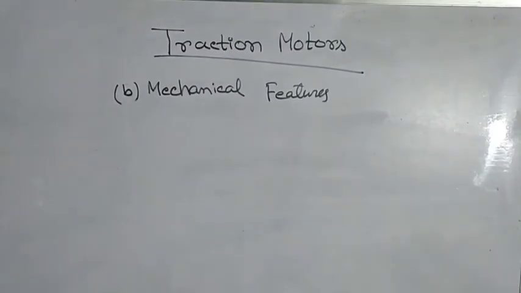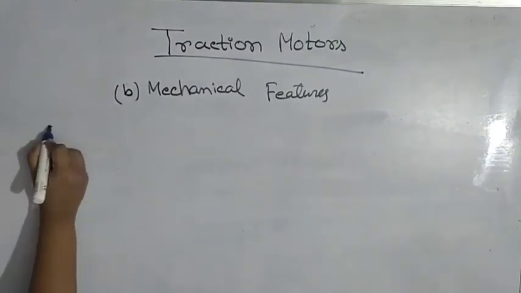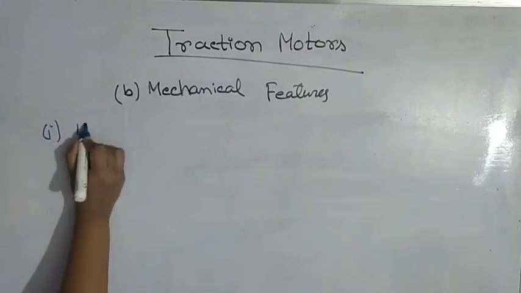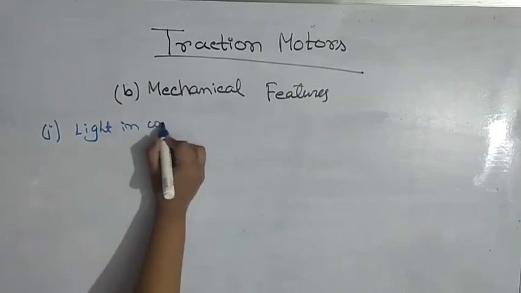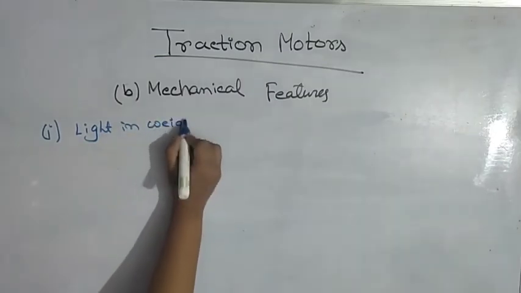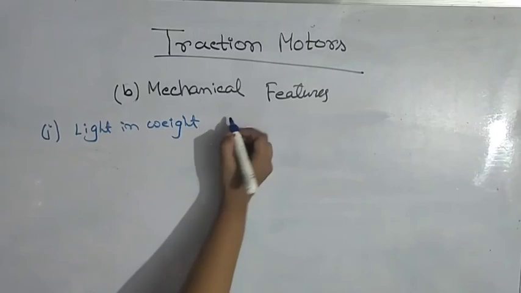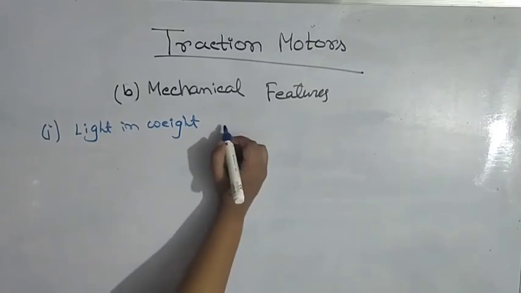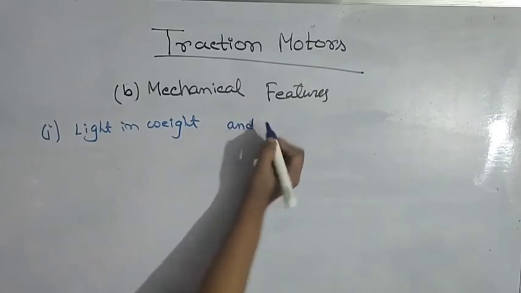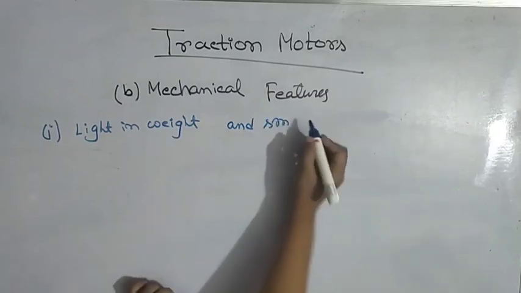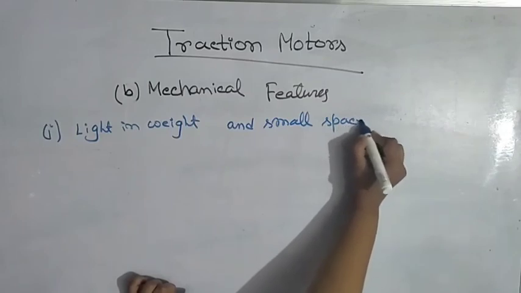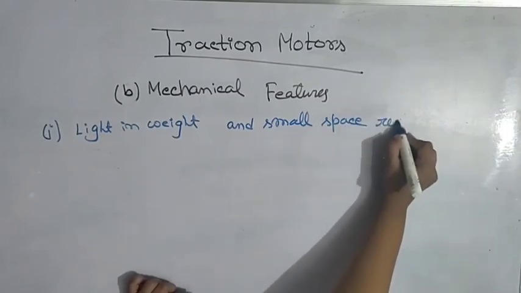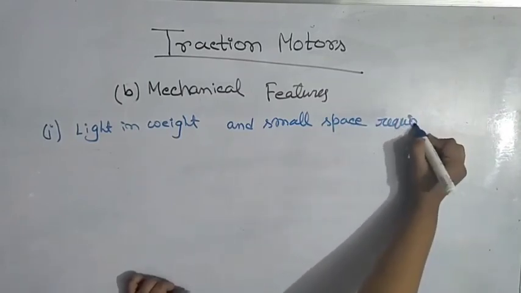Under this category, first, light in weight. Traction motor should be light in weight and space requirement is small. Small space requirements.